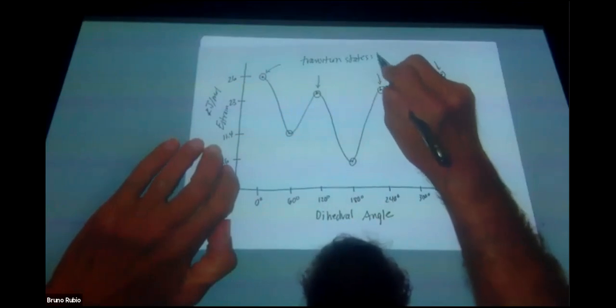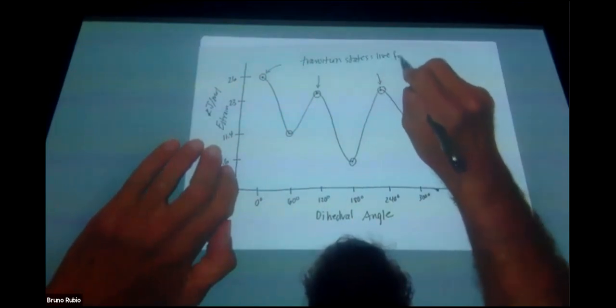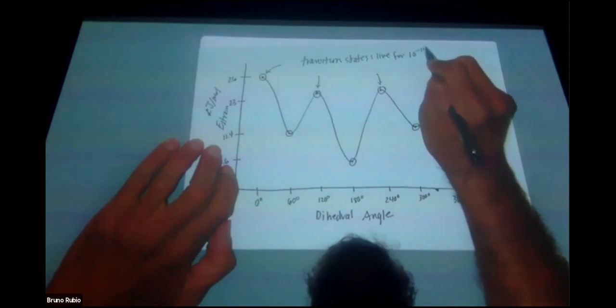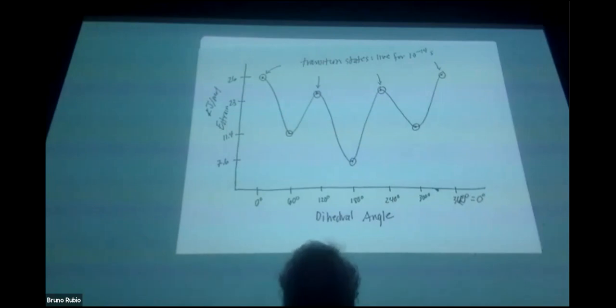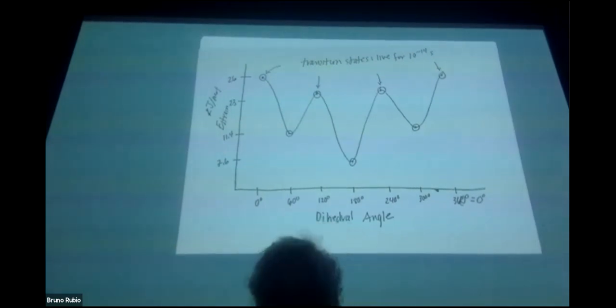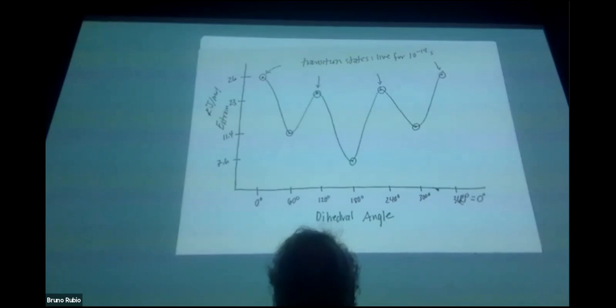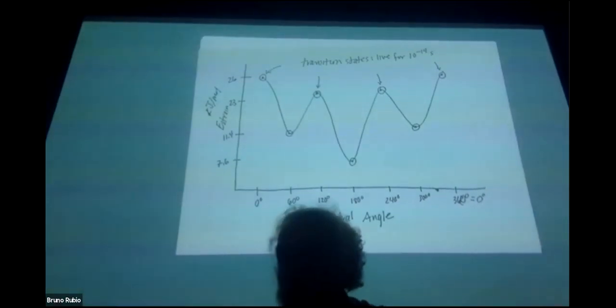These guys live for about 10 to the minus 14 seconds. And then they rotate, right? They're eclipsed. We're talking about how torsional strain is relieved by twisting. These are the eclipsed conformations. They undergo a rotation and relieve the torsional strain.